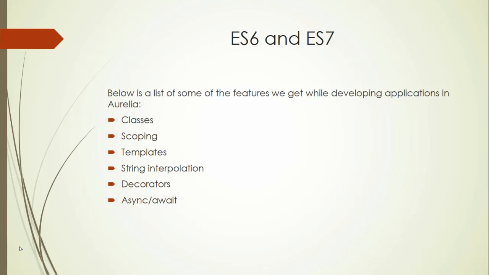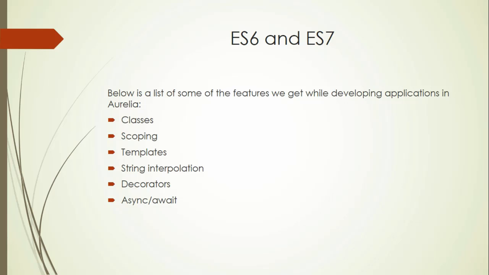If you're a JavaScript developer, you will basically know what TypeScript is all about. Below, you have the list of features which are needed for developing applications in Aurelia. For now, we'll focus on the features which are needed for an Aurelia web application: starting with classes, then scoping, after that templates, then string interpolation, and after that decorators and async and await.